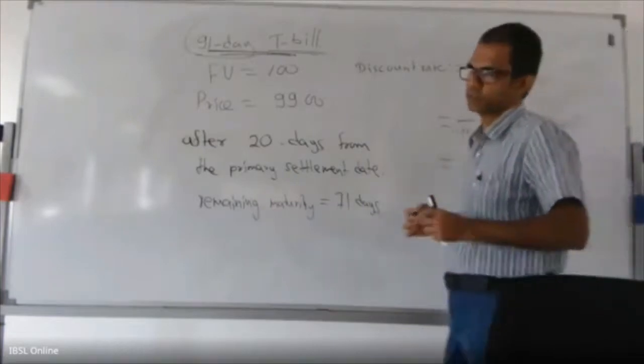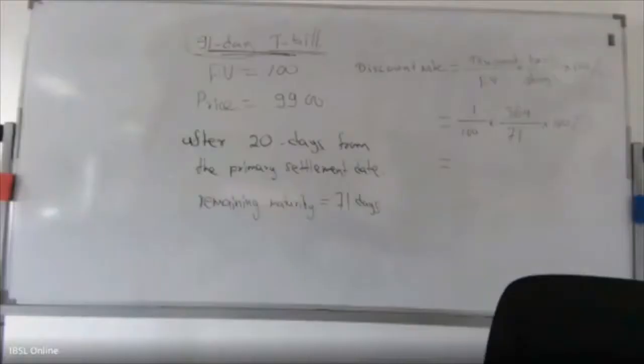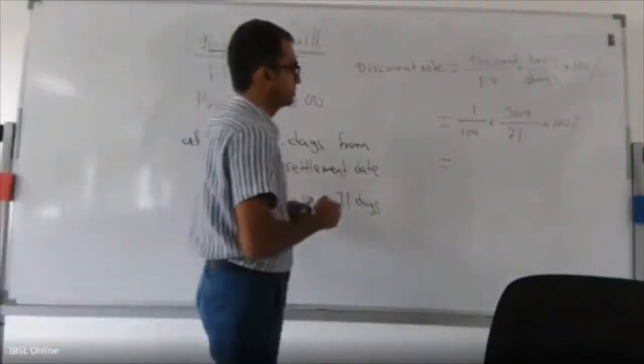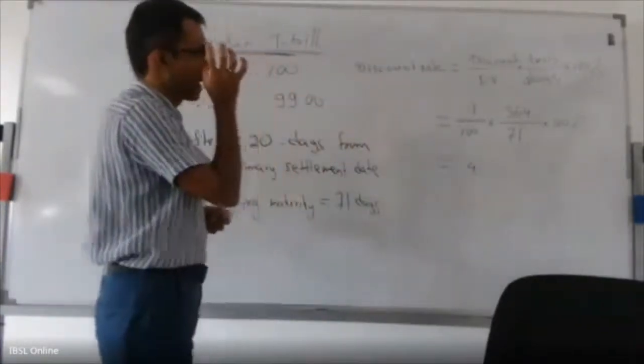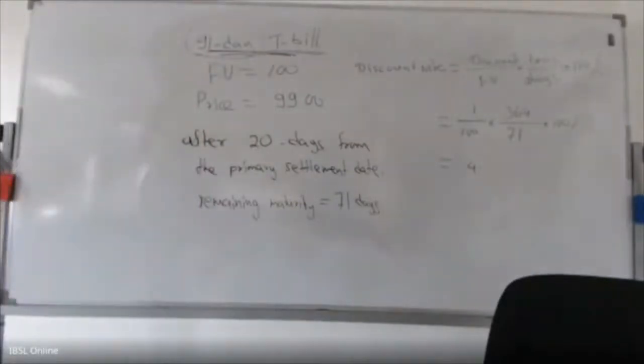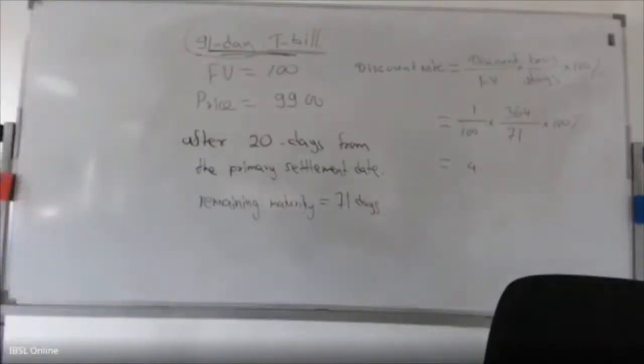Will you get more than 4% or less than 4%? More than 4%. What's the answer that you get? 5.126, 5.1267.